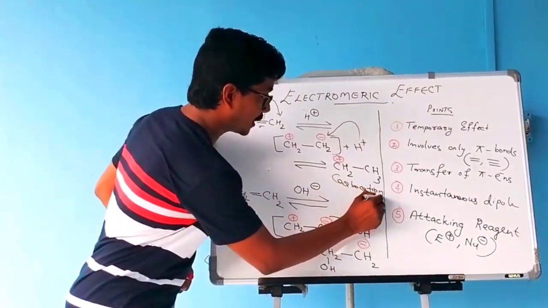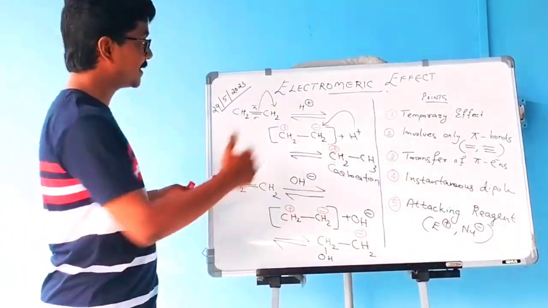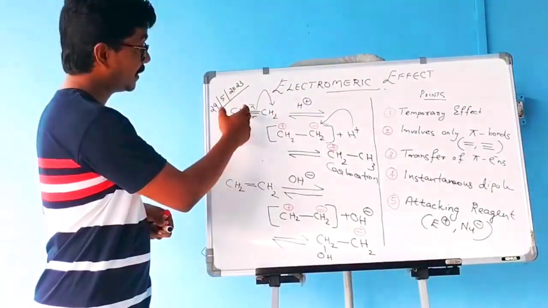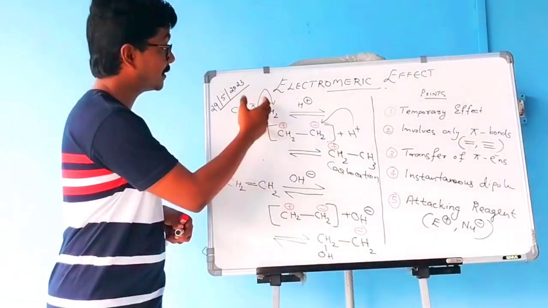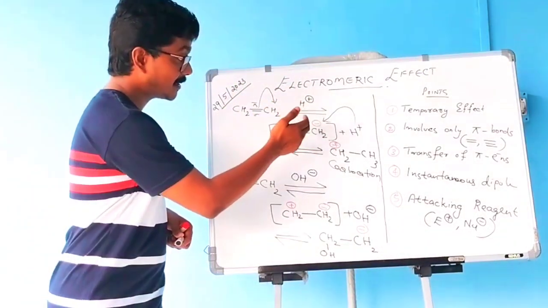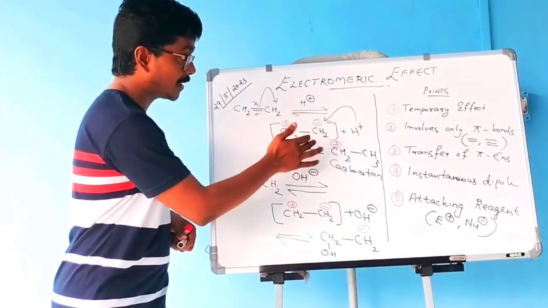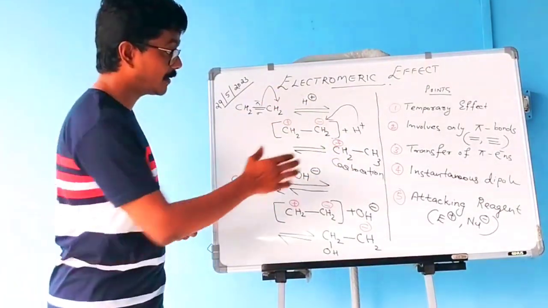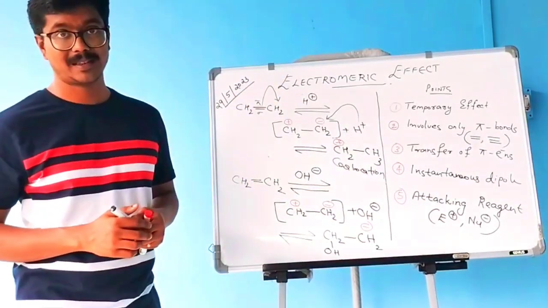So when an attacking reagent approaches a pi system, the pi electrons are transferred to an adjacent carbon atom, and the attacking reagent attaches to the negatively charged carbon atom, forming a carbocation.